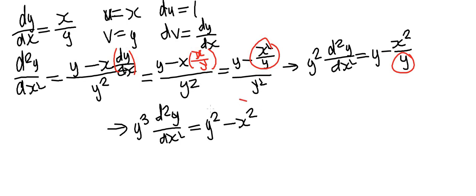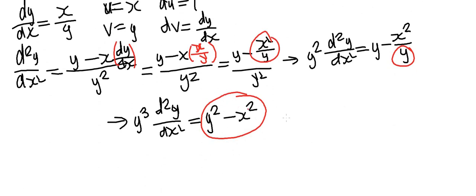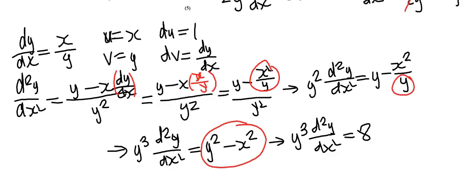Now, from the original question, we were told that y squared minus x squared was 8. So replace that with 8. y cubed times the second derivative is equal to 8. Okay, now what are we looking to do?